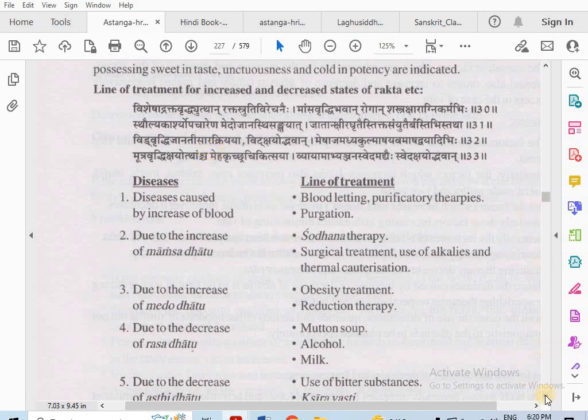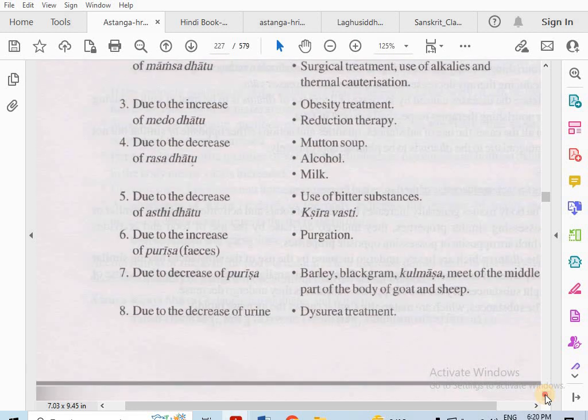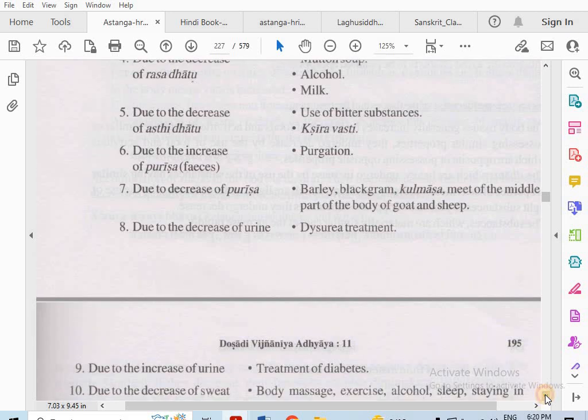Now here you can see in the translation, number 6, due to increase of purisa, vruddhi of feces.